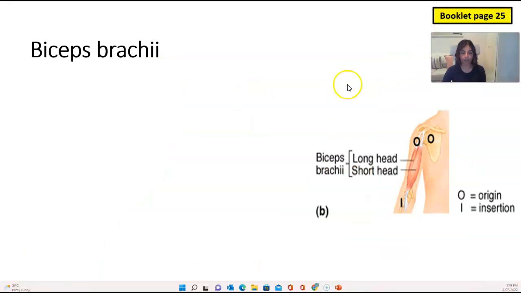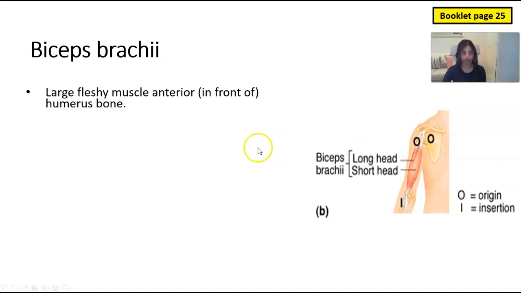So let's look at the biceps brachii. So these are the two muscle heads here. We've got the long head one and the short head one. Now, the biceps brachii muscles are large fleshy muscles at the front of the arm, also known as the anterior of the arm. So they sit in front of the humerus. It has two origins that attach onto the shoulder blade of the scapula.